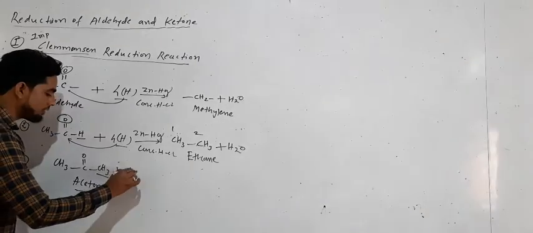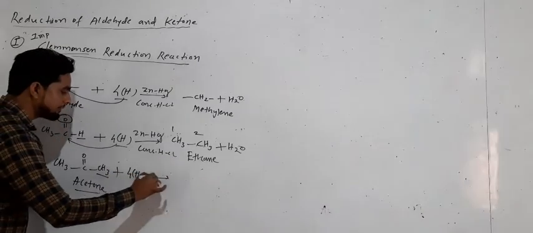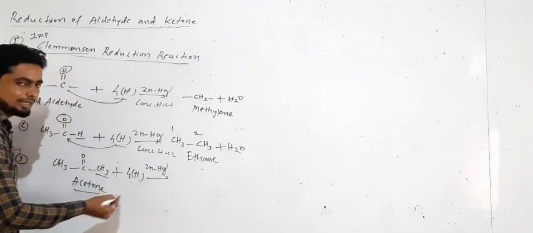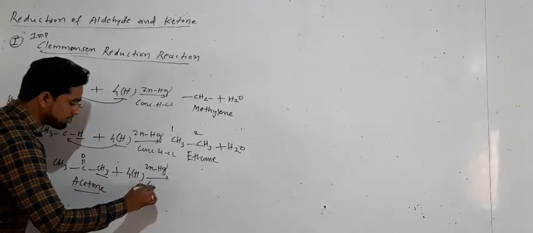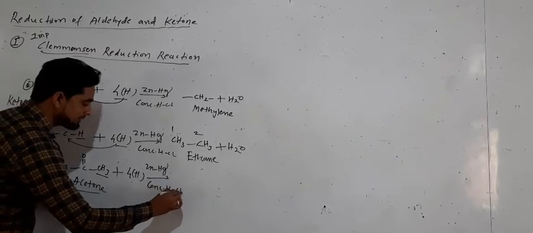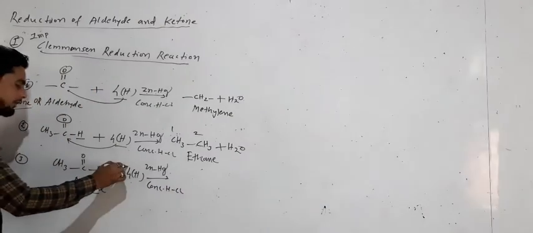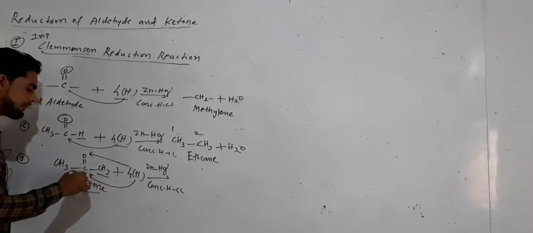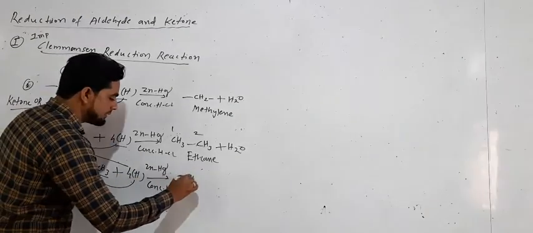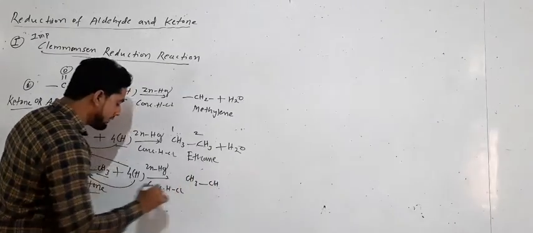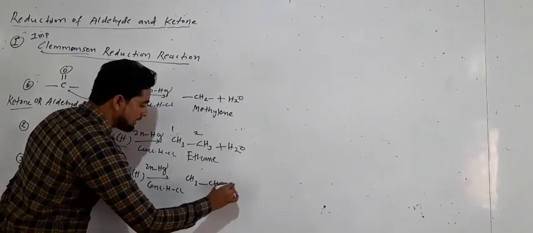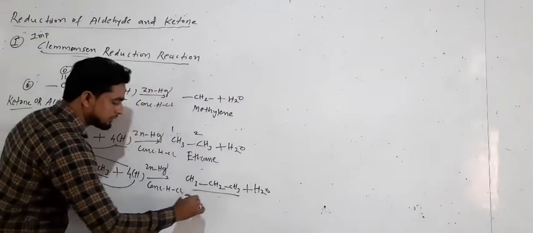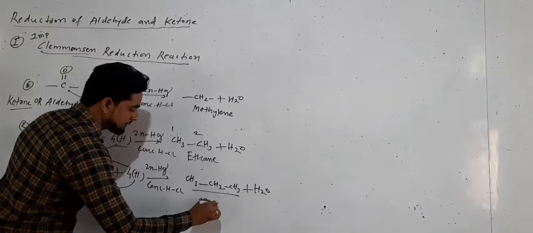It reacts with 4 hydrogen in the presence of the same zinc amalgam, or zinc Hg mercury, in the presence of concentrated HCl. So what we get? 2 hydrogen are bonded to the oxygen, we get byproduct H2O, and the remaining 2 H go to C. So we get CH3 as it is, C, and the remaining 2 H as CH2, and CH3 as it is. How many carbon? 3 carbon, called propane.